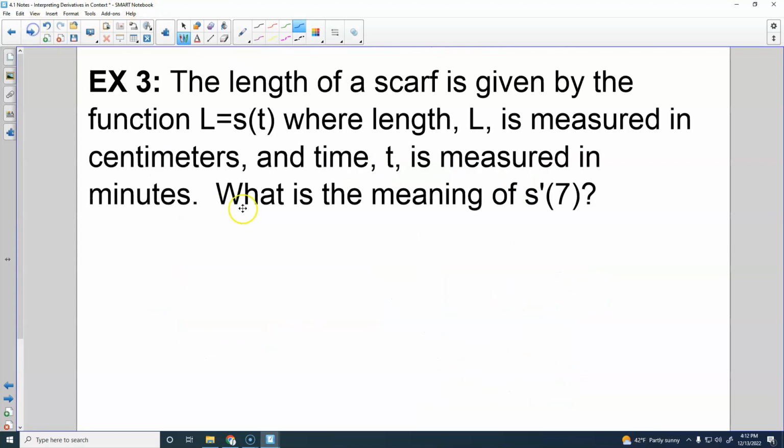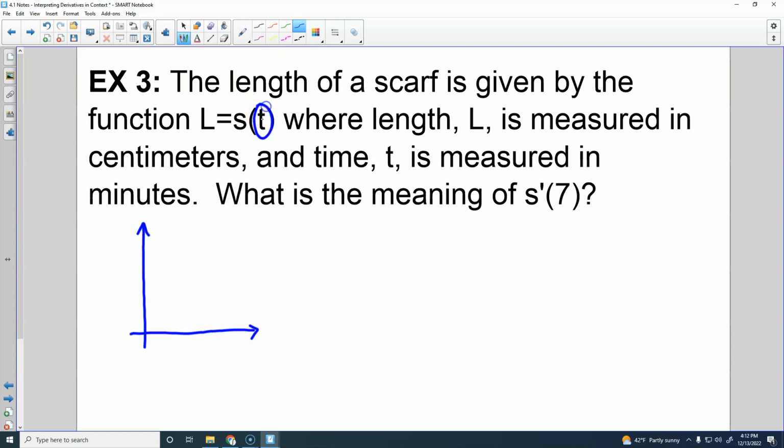For 3, we're given the length of a scarf is given by the function L equals S of t, where L, the length, is measured in centimeters, and time t is measured in minutes. What is the meaning of S prime of 7? So I like to think about what that graph looks like and what my units look like first, because I think the units help me answer this question for S prime of t.